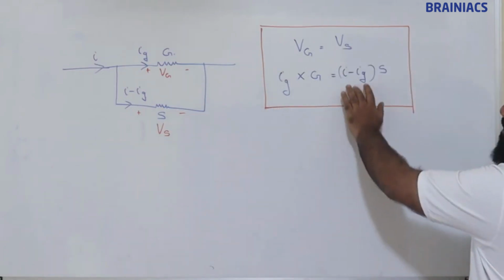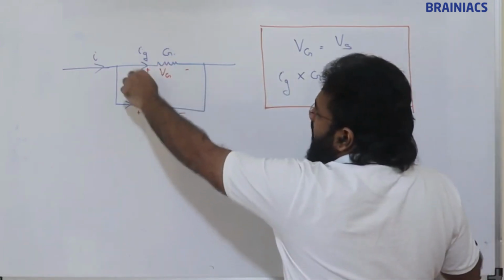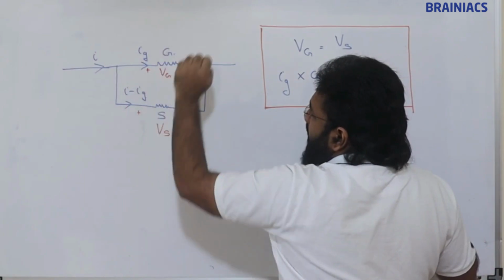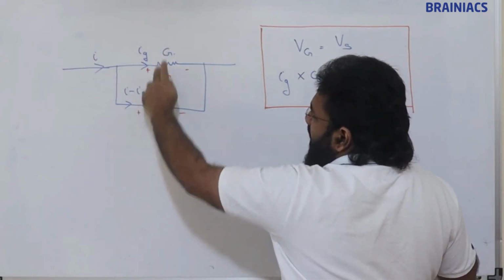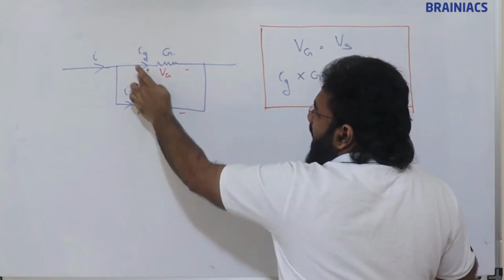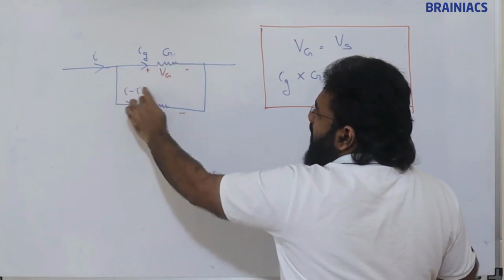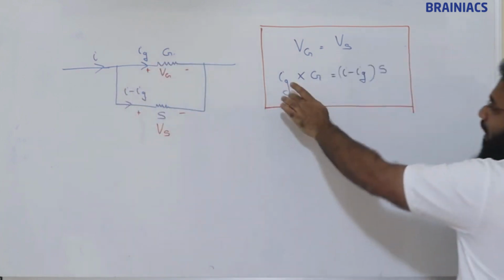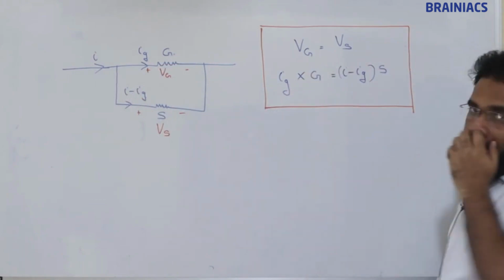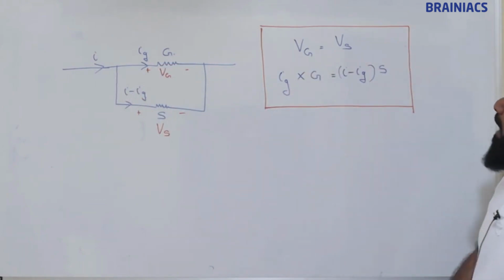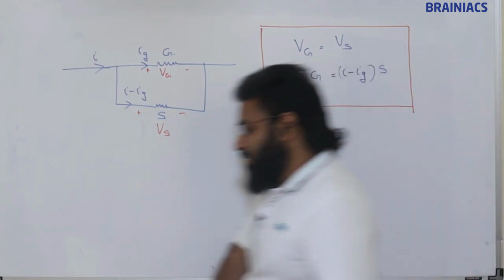Remember, the voltage across the galvanometer is equal to the voltage across the shunt because they are connected in parallel. Ig times G is equal to (I minus Ig) times S. Ig is the maximum current that can be passed through the galvanometer. Clear? This is the concept.